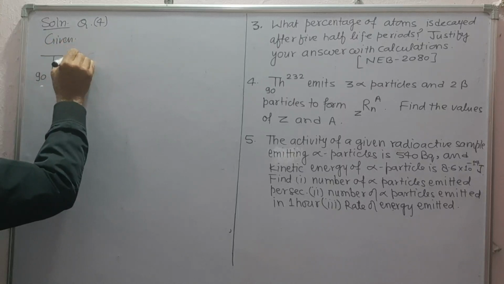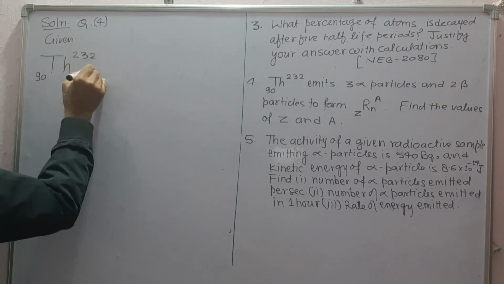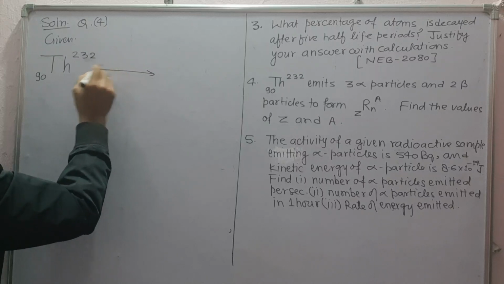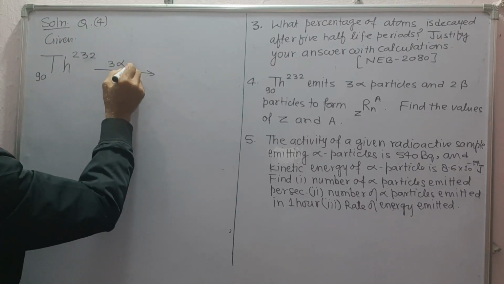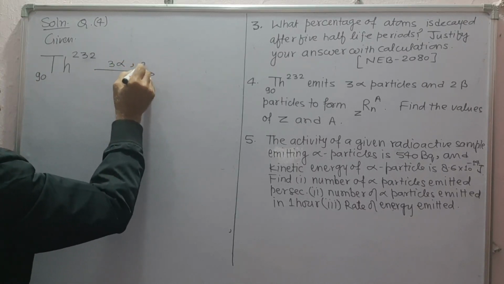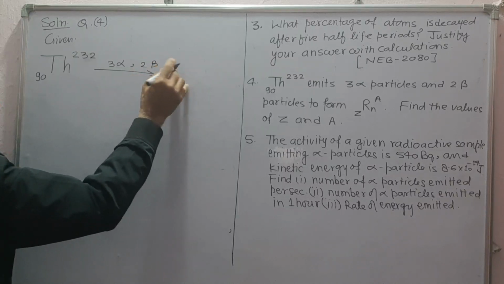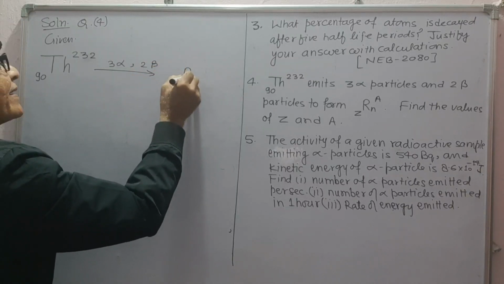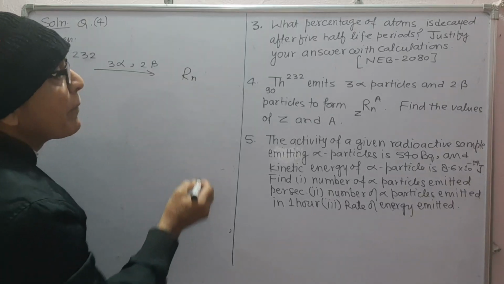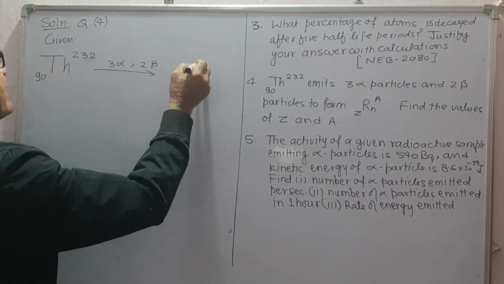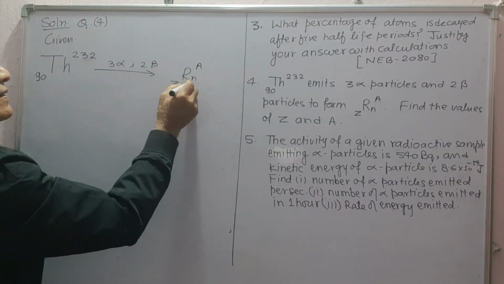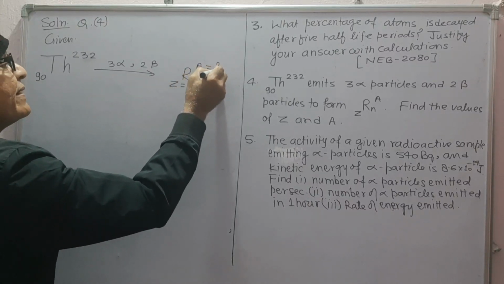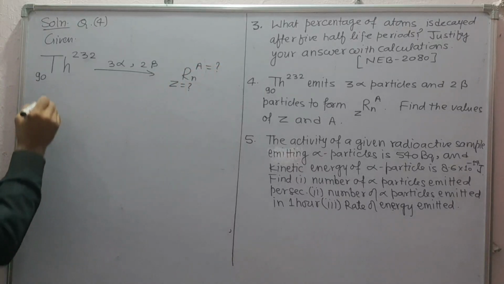It emits 3 alpha particles and 2 beta particles forming radon, atomic number Z and mass number A. We have to find Z and A for radon.